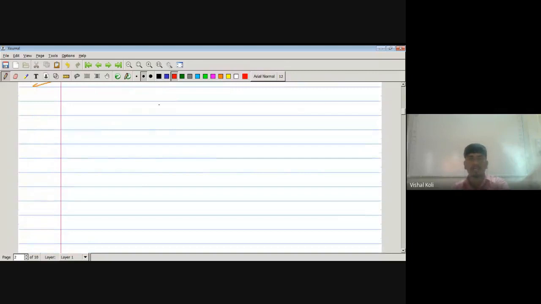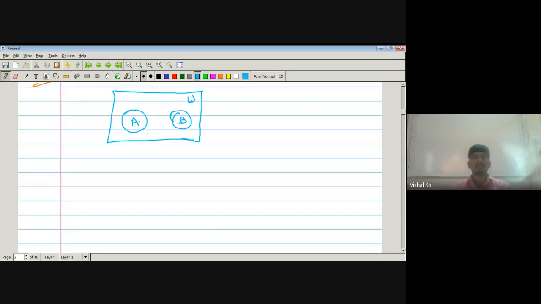Its diagrammatic representation will be this: this will be a universal set U, and somewhere this one is A and this one is B. This will be a case in which there is no common element between A and B. Here A and B are two disjoint sets, this will be the elements of A and this will be the elements of B. Therefore, there is no common element between A and B, so A intersection B is equal to the empty set in that case.